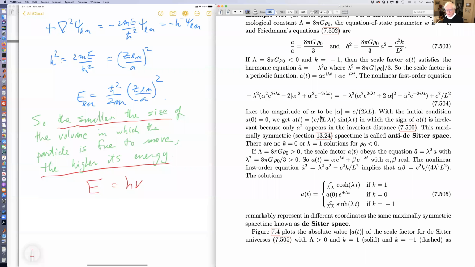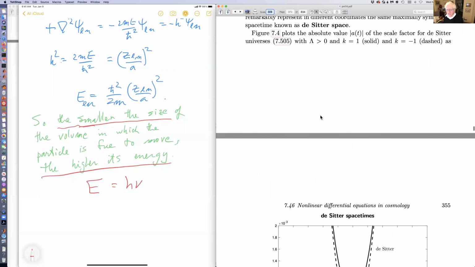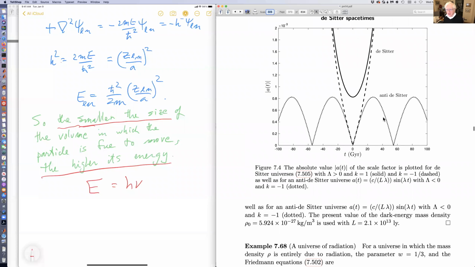And so this is a case where the only thing in the universe is vacuum energy. And at present, the energy density is 2/3 vacuum energy. So the de Sitter universe is a good approximation now.